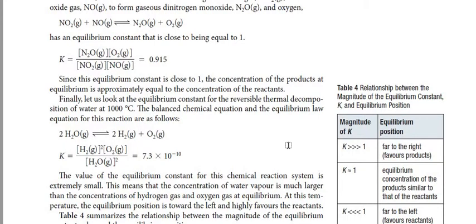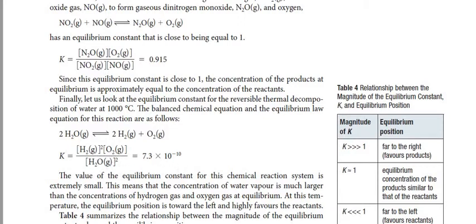So finally, let us look at the equilibrium constant for a reversible thermal decomposition of water at 1000 degrees. The balanced chemical equation and the equilibrium law equation for this reaction are as follows. 2H2O gives 2 moles of hydrogen plus 1 mole of oxygen. So when we write the K formula, we have [H2] to the power of 2 times [O2] divided by [H2O] to the power of 2.